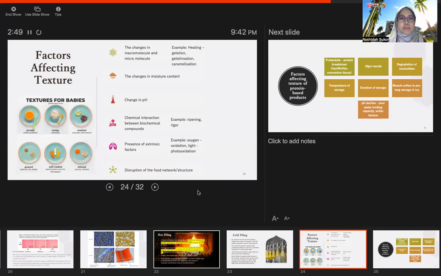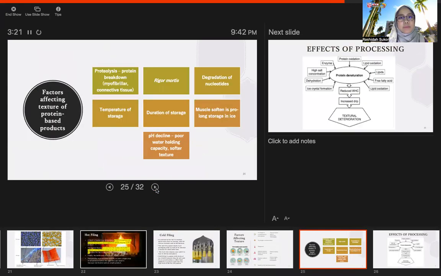So for example, you have to have secondary packaging, or you have to pack your food in a darker container that blocks the light, because of this photo-oxidation. And lastly, it is the disruption of the food network or food structures. So these are the factors that will affect the texture of the food.